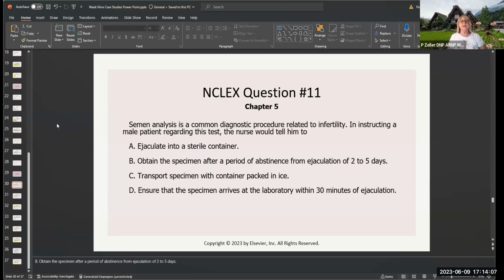Semen analysis is a common diagnostic procedure related to infertility. When we do a semen analysis, it tells us the number of sperm in a volume, the ability of the sperm to move, their motility, their shape, the quality of the semen. In instructing a male patient regarding this test, the nurse would instruct him to what?